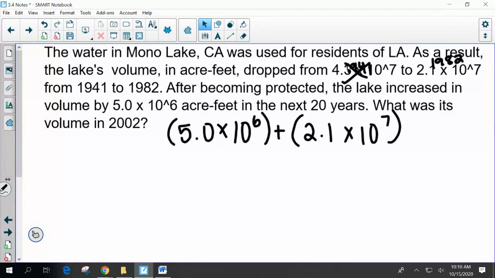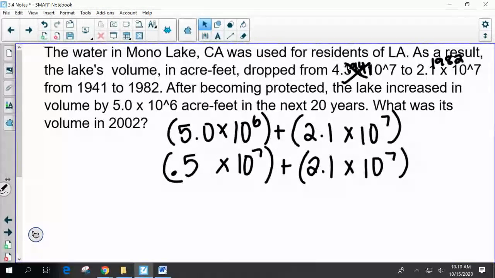I first need to get my common exponents, so I would go up to 7 here. What happens with my 5? It goes to 0.5, plus 2.1 times 10 to the 7th. So I'm going to add my 2 numbers: 2.6 times 10 to the 7th. That's it. Is that in proper scientific notation? It is, so I do not need to change anything.